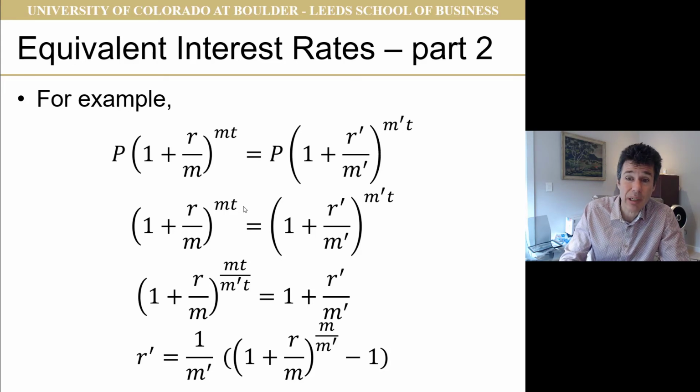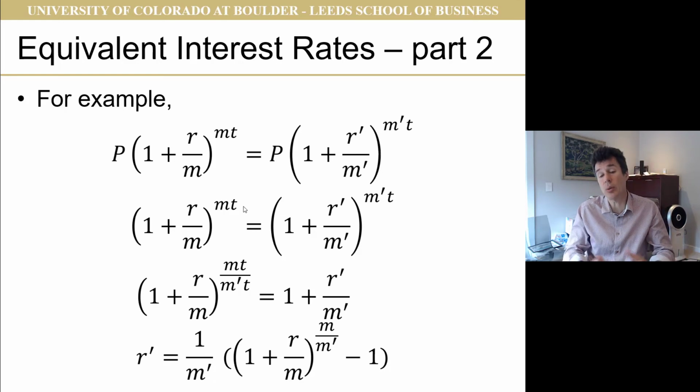We can take the M prime Tth root, basically both sides to the power 1 over M prime T, which gives us this third row in our equation. The t's cancel, and doing a little bit of algebra, r prime equals 1 over m prime times the quantity 1 plus r over m to the m over m prime power minus 1.